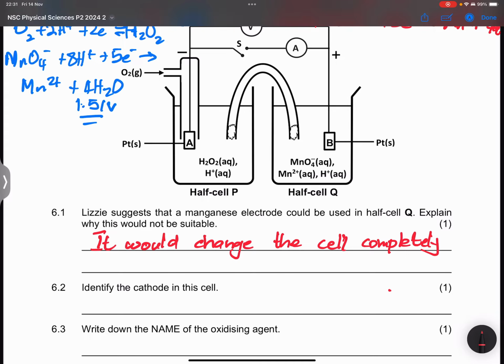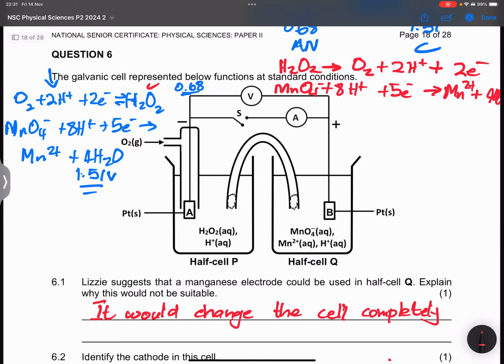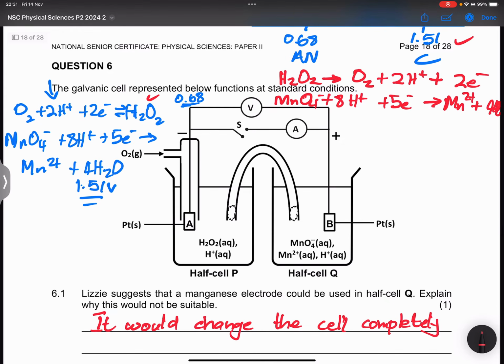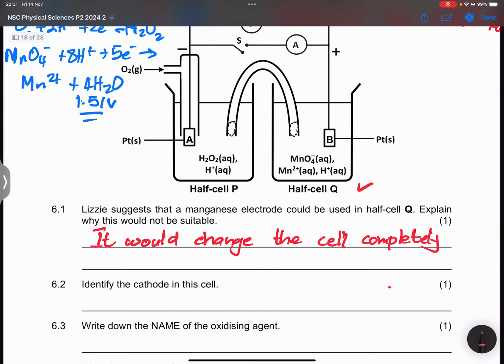So they say to us, identify the cathode in the cell. We've already done so in this case, 1.51, that's the permanganate ion. So we can say it's electrode Q. That would be the cathode.